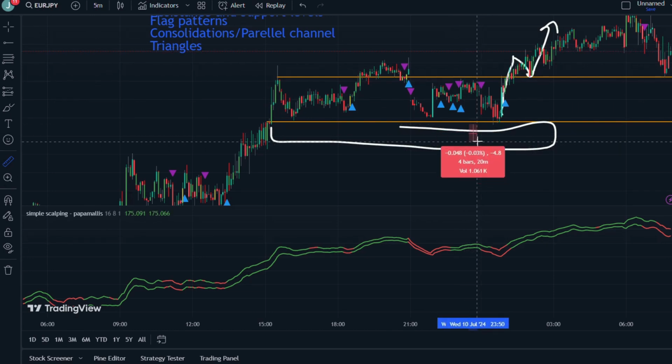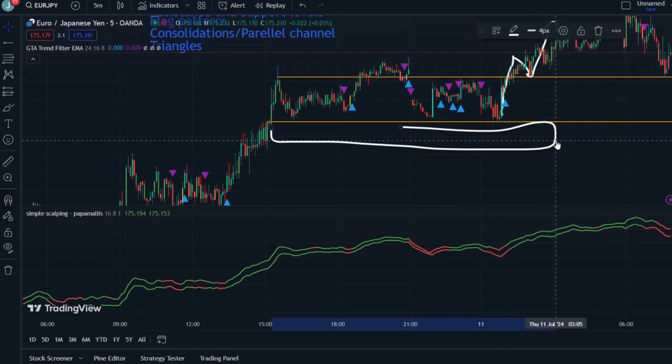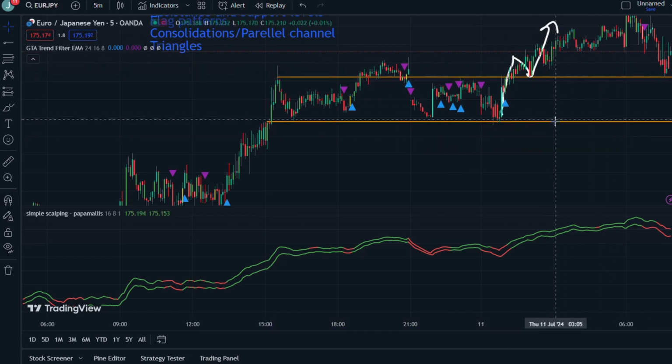0.3% down of that, and it's enough of a portion for you to understand that maybe it could have a breakout or a breakdown, but it could be fake.